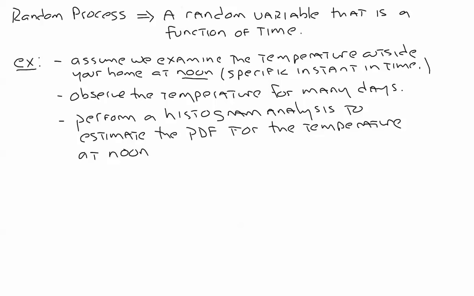All right? So in this case X is going to be our random variable, a random variable describing the temperature at noon. Through histogram analysis, oops, I don't want to make that a function of time just yet.